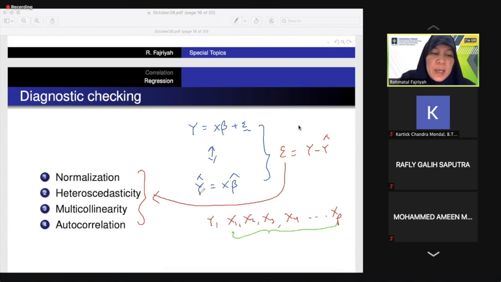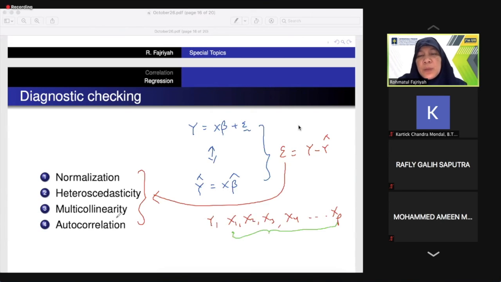Clear? Okay. Now the autocorrelation. The error has to be free from autocorrelation. So what is autocorrelation? Autocorrelation means the error of the first observation has a relationship with the second, the third, and so on. That's why it has to be free. But if your data comes from time to time, like a time series, you have to check it carefully.